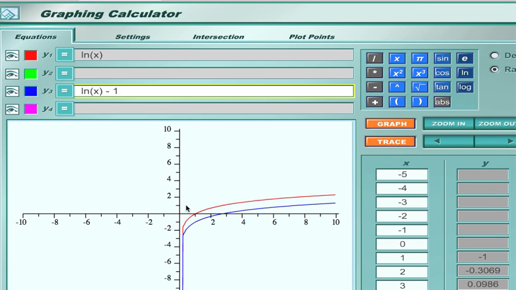The red one is going to graph above the blue one because the blue one is a translation down by 1. And so you could see that this distance right here appears to be 1, and it is. And from this graph, once you've done this, you can read off the domain and range, which they asked.